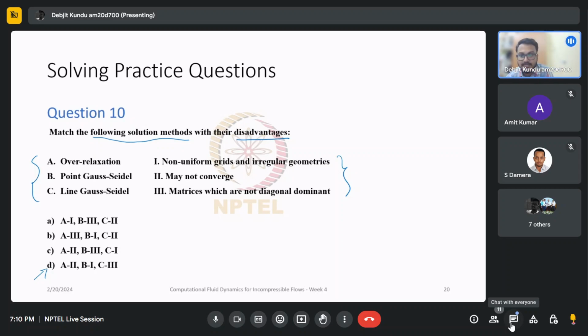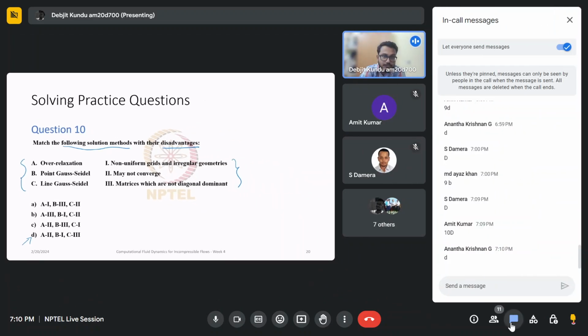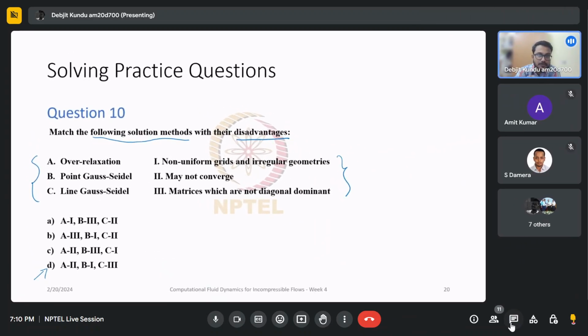Some of these are actually hinted at in the earlier questions which we solved today as well, so these should not be completely new altogether. Right, let's do them one by one.